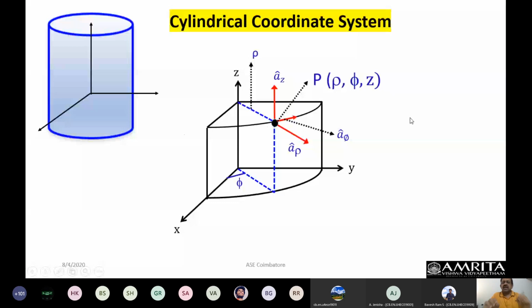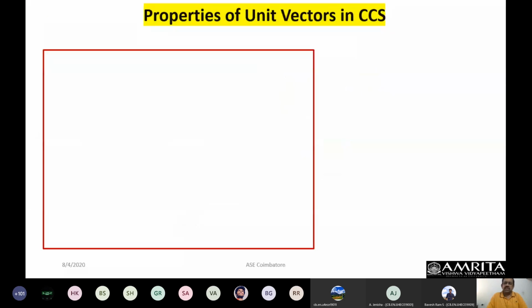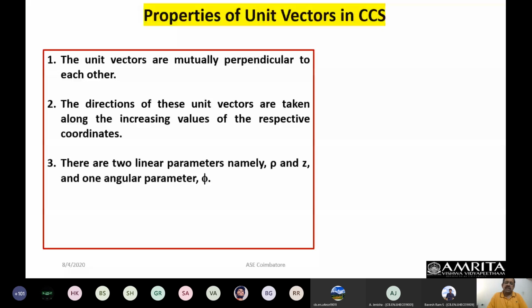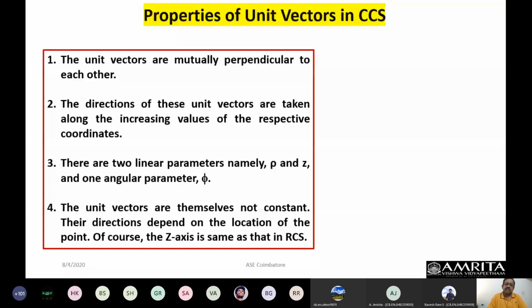So this is the fundamental difference between xyz and rho phi z, that is the cylindrical coordinates. The unit vectors do not have constant direction. They are not constant. Their direction changes depending on where the point is located. Except the z-axis.